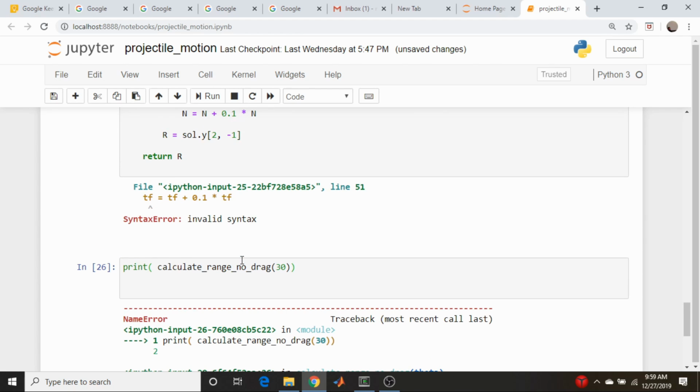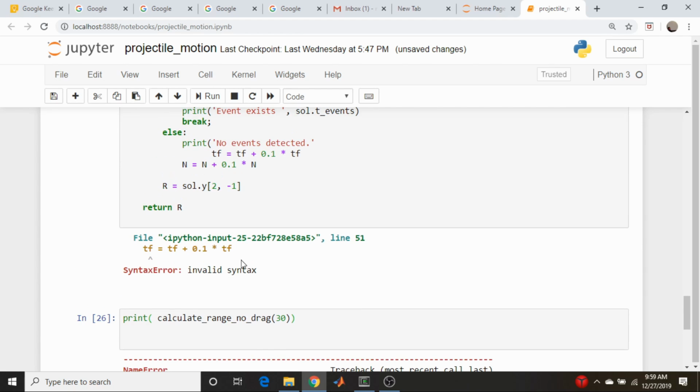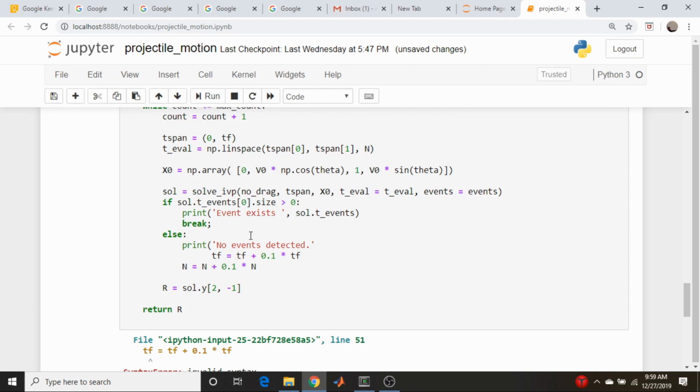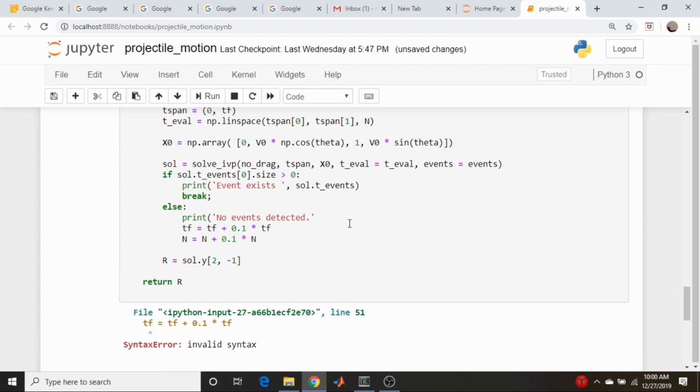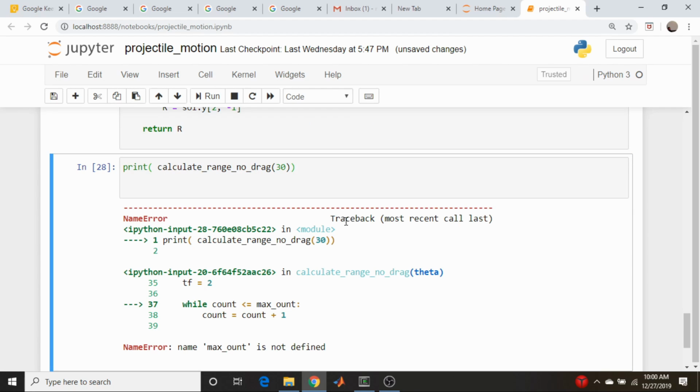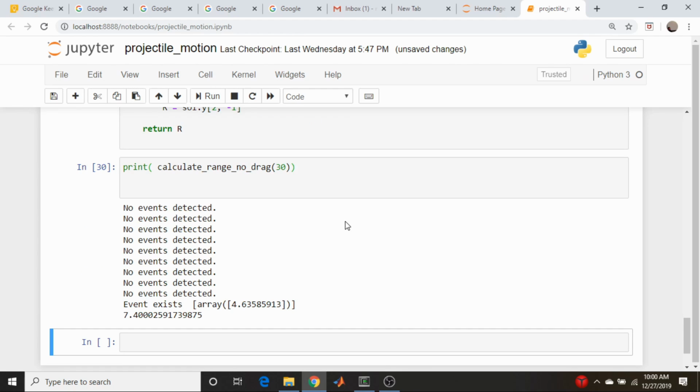Oh, the TF. I don't know why these indentations are all getting screwed up. Okay, there needs to be a parenthesis here. That seems to work.